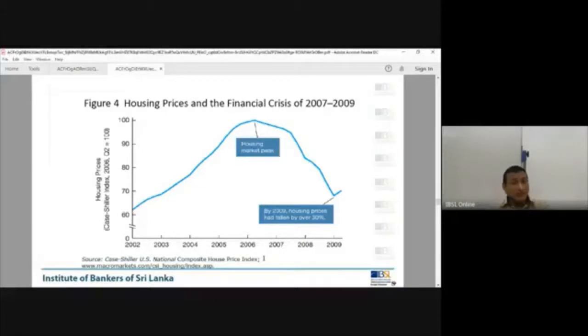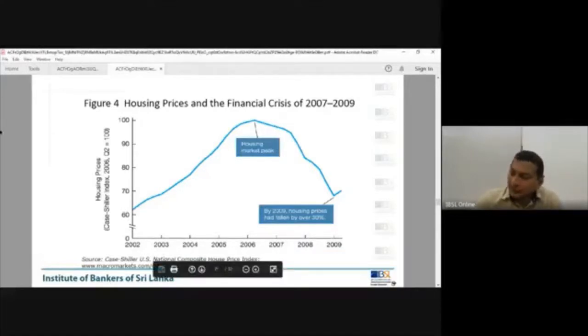And please remember, this drop halted to some extent at 30% or so because of bailouts. Because of the bailouts that we discussed, big numbers, trillions of dollars being pumped in by US regulators and the government. So that balanced out the crashing down of the financial market assets during this period.